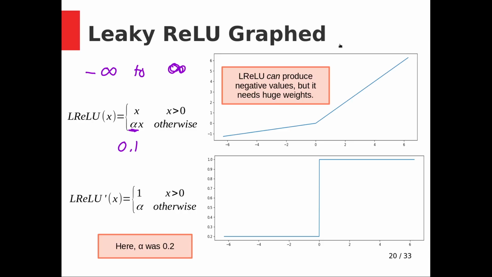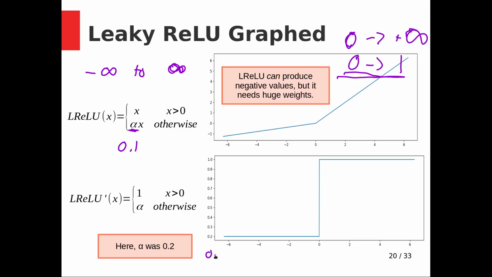So you should probably still, in general, restrict your desired outputs, your labels, to 0 to positive infinity, or more realistically, 0 to 1. So even though this thing can go negative, we still want to keep the desired output in the range 0 to 1.